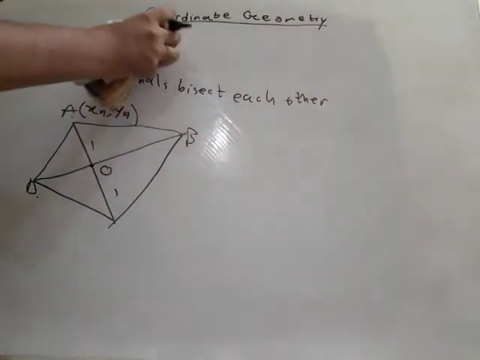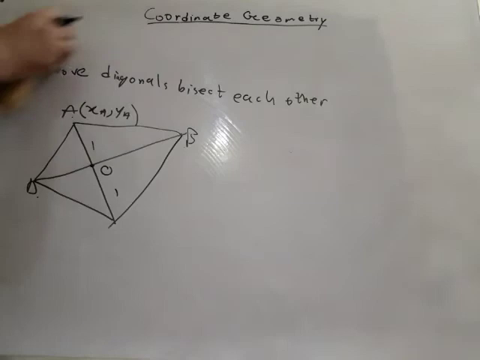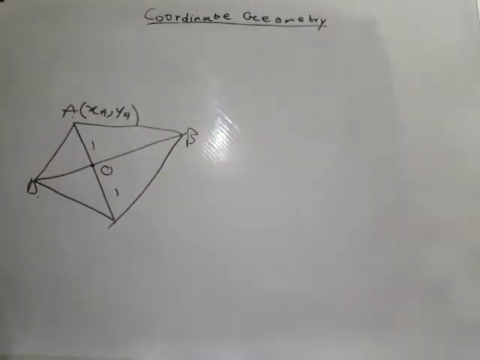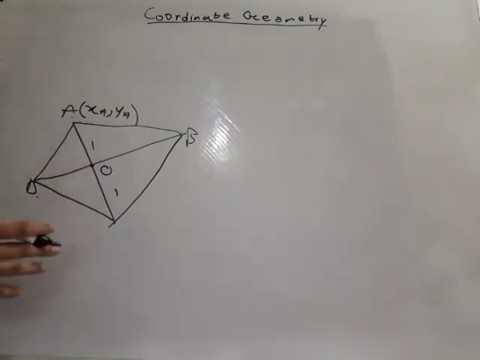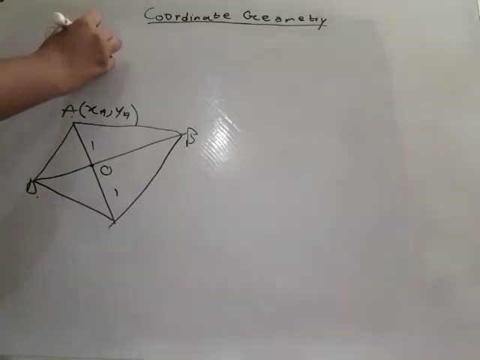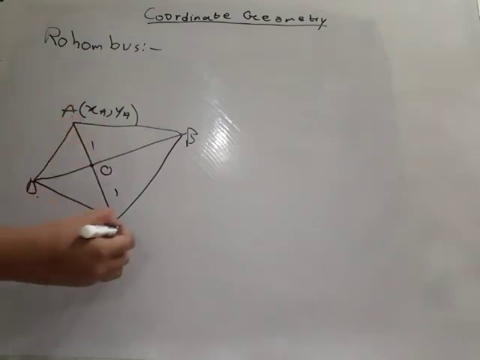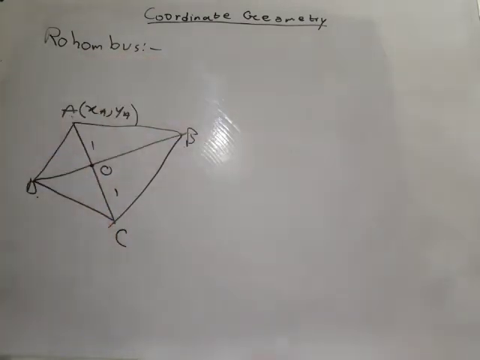Now how to prove that the given 4 points represent a rhombus? Obviously, for a rhombus, AC and BD will bisect.